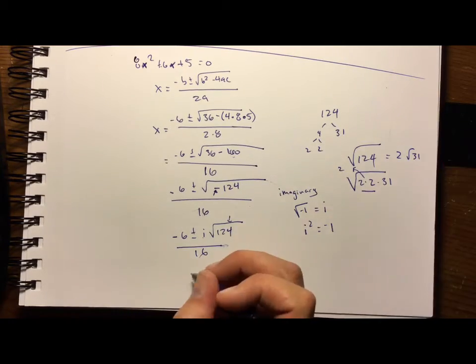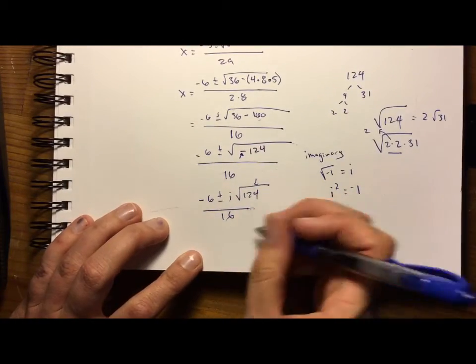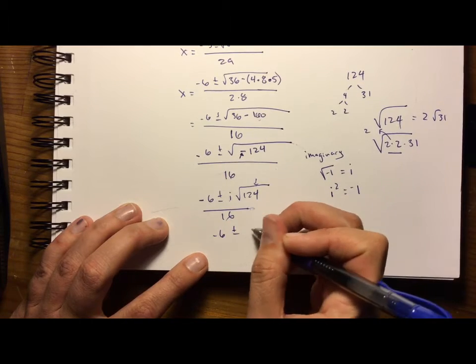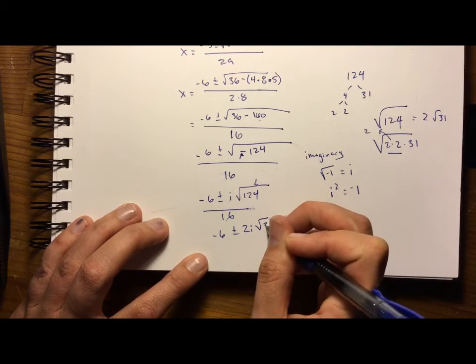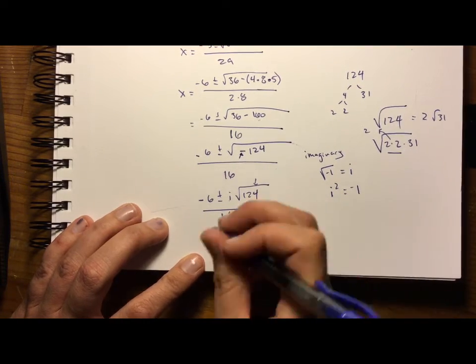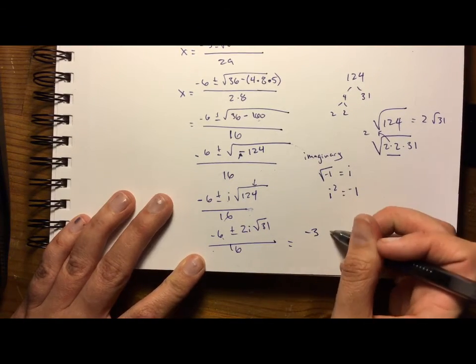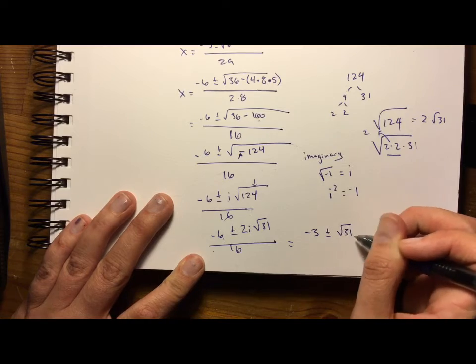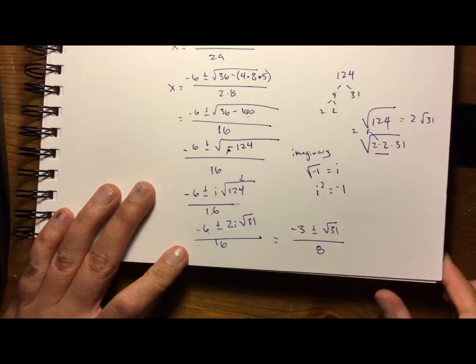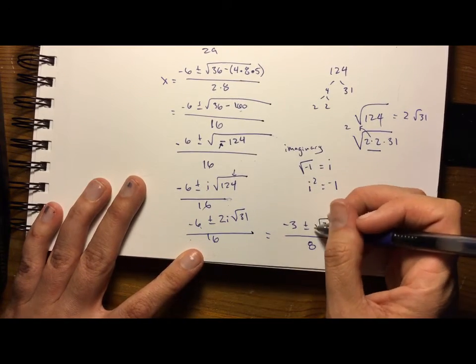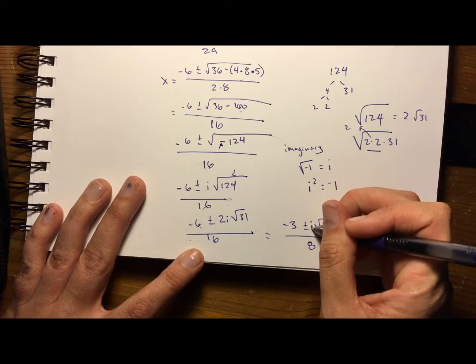Going back over here, I get -6 plus or minus 2i root 31 over 16, and then I can divide everything by 2. So this becomes -3 plus or minus i root 31 over 8. And that's your final answer. Oops, look what I did, I forgot the i. Boom, that's the important part.